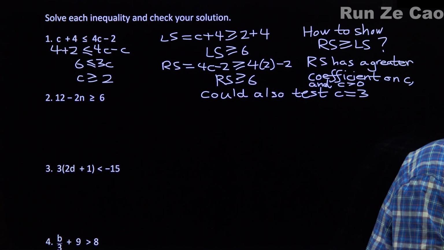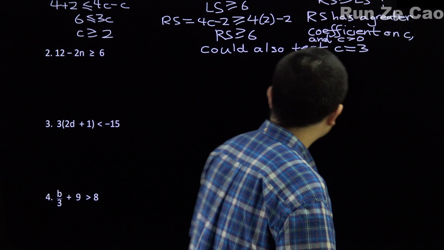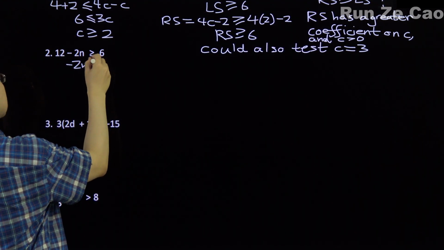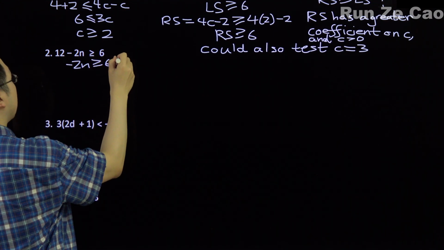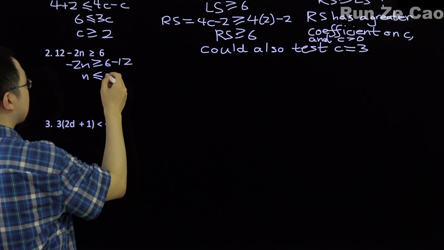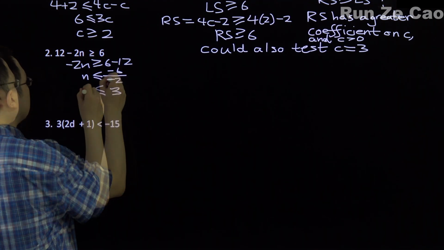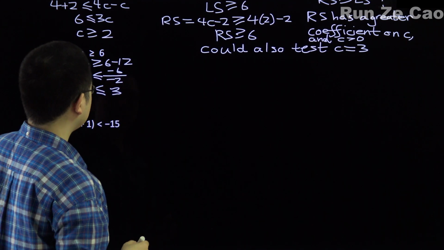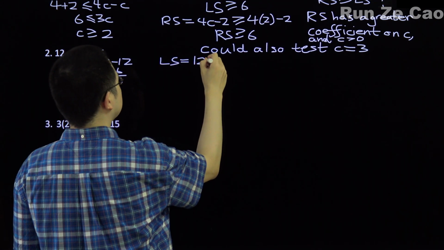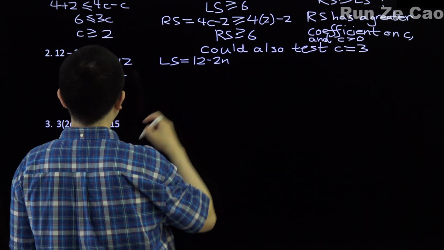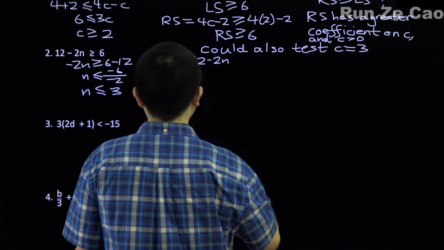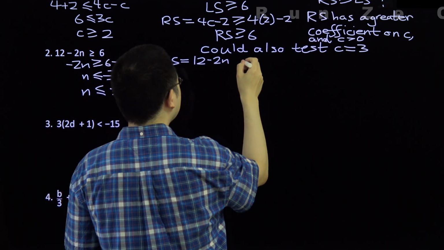Yeah, okay, so 12 minus 2n greater than or equal to 6. That's going to give us negative 2n is greater than or equal to 6 minus 12. So n is going to be less than or equal to negative 6 over negative 2, so n is less than or equal to 3. So left side is equal to 12 minus 2n, which, because n is less than or equal to 3, we got to change the direction when it's multiplied by negative 2.